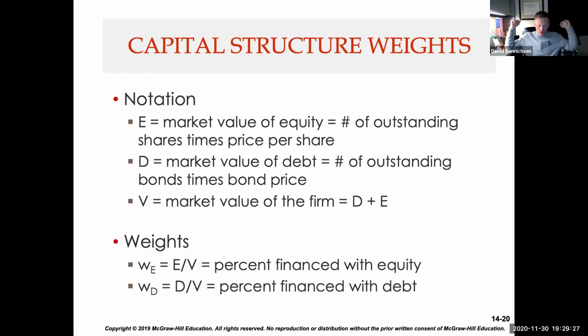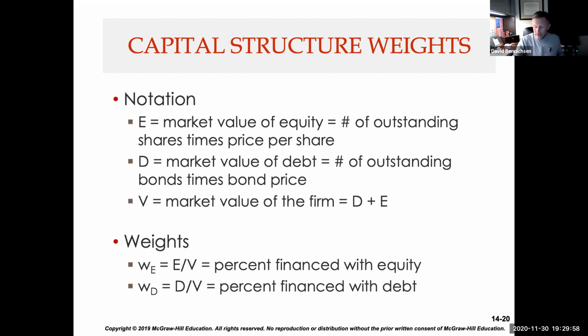So whatever the price of our bonds is, based upon prevailing rates in the market, yield to market, times the number of bonds that we have, that's the total value of our debt. And finally, the market value of the firm is the debt plus the equity. So V equals D plus E.